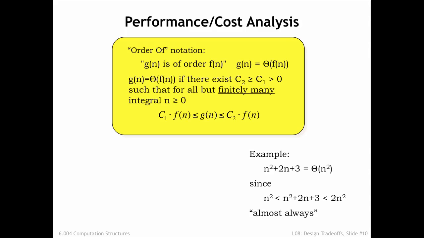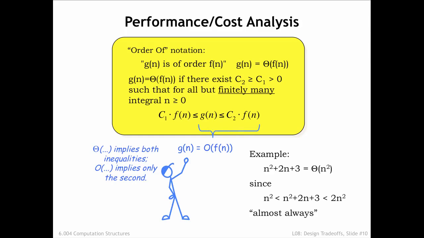The lower bound is always true for n greater than or equal to 0. And in this case, the upper bound doesn't hold only for n equal to 0, 1, 2, or 3. For all other positive values of n, the upper inequality is true. So we'd say this equation was order n squared.